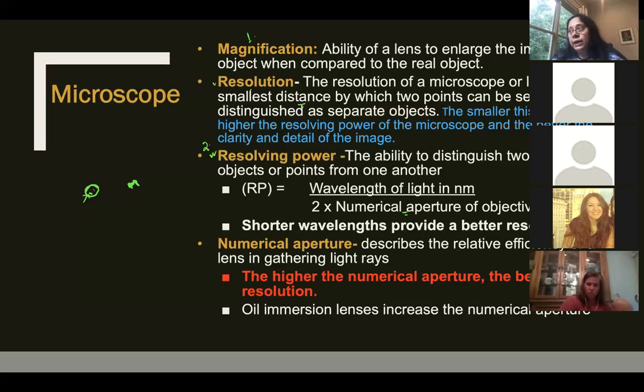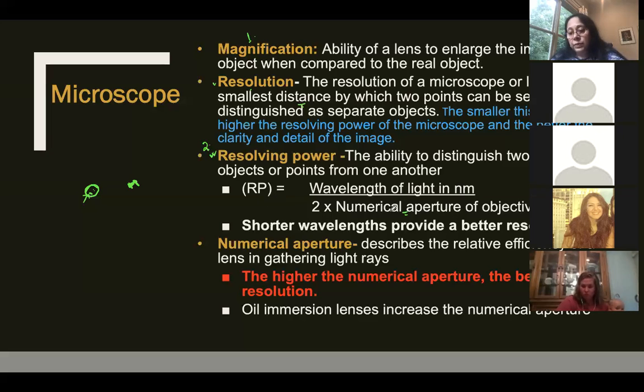How much light it can gather, that quality is called the numerical aperture of the lens. So to find the resolving power, we multiply the numerical aperture by 2, and then divide the wavelength of the light by that number.